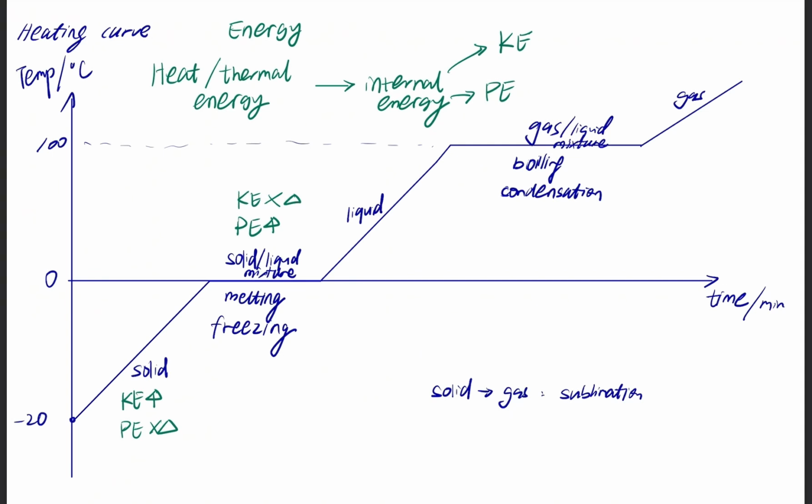Now, moving on to liquid, KE continues to increase because the particles are more energetic as they move around. And then the potential energy, no significant change. Gas-liquid mixture, again, there is a huge difference in terms of the arrangement, the force, and therefore the potential energy increases.